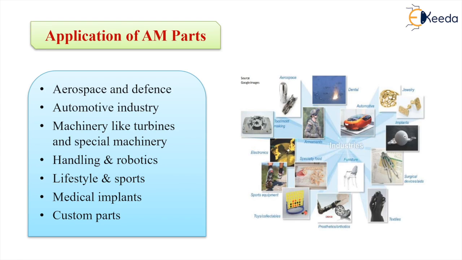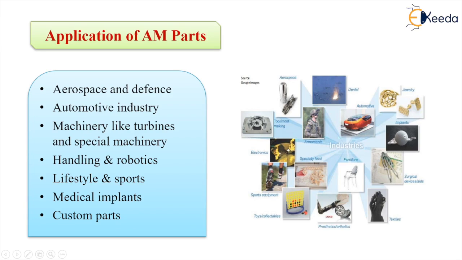You can see the pictures here. See the jewelries, the surgical instruments, devices, then the sports, electronics, tool making. So these are the industries where additive manufacturing is used.